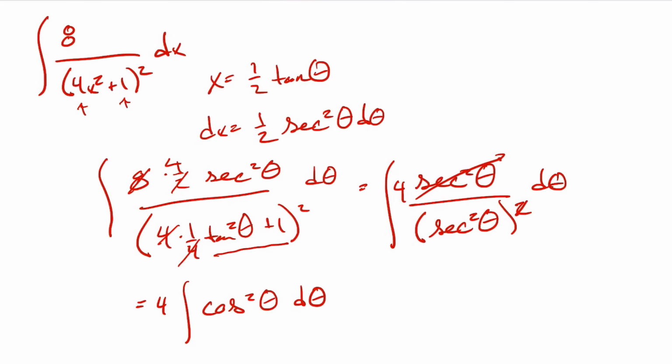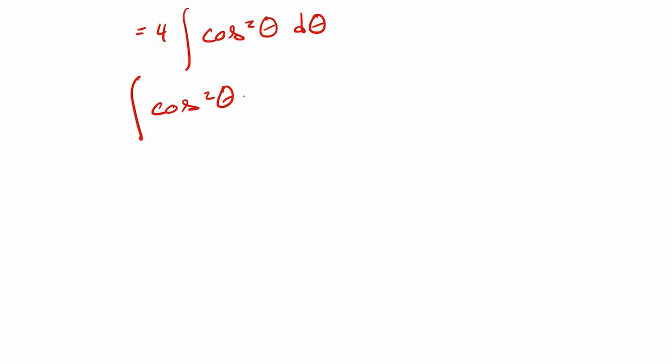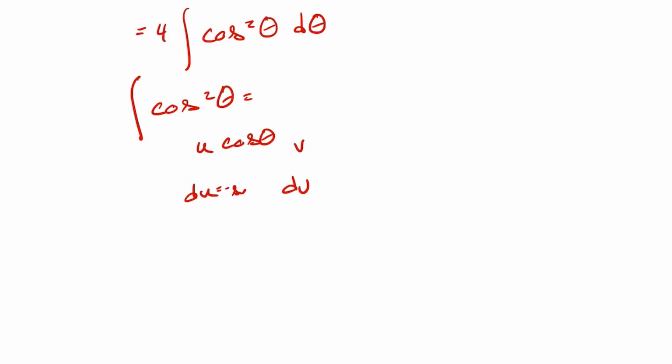And I don't remember the integral of cosine squared theta off the top of my head, so we'll figure that out real quick. Cosine squared theta, doing integration by parts. We'll pick u to be cosine theta, and du becomes negative sine theta d theta, and then dv has to be cosine theta d theta, so that would make v sine theta.